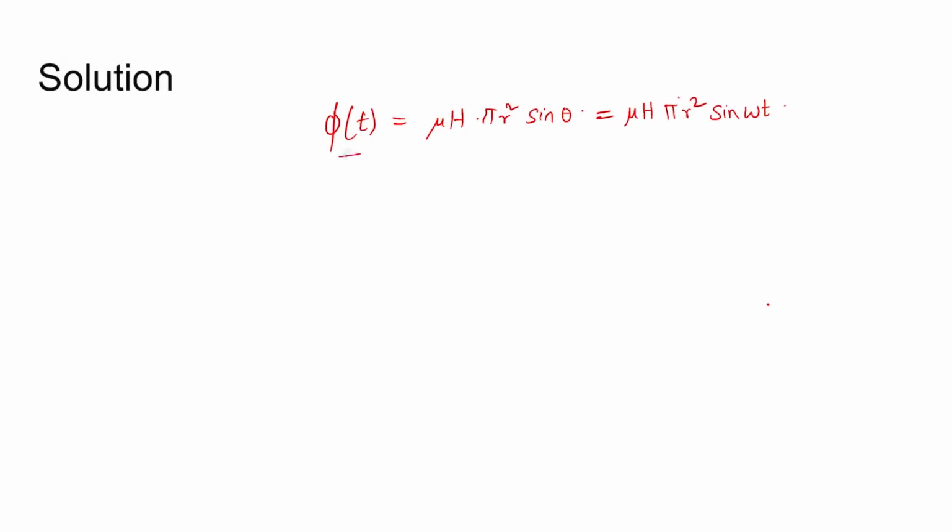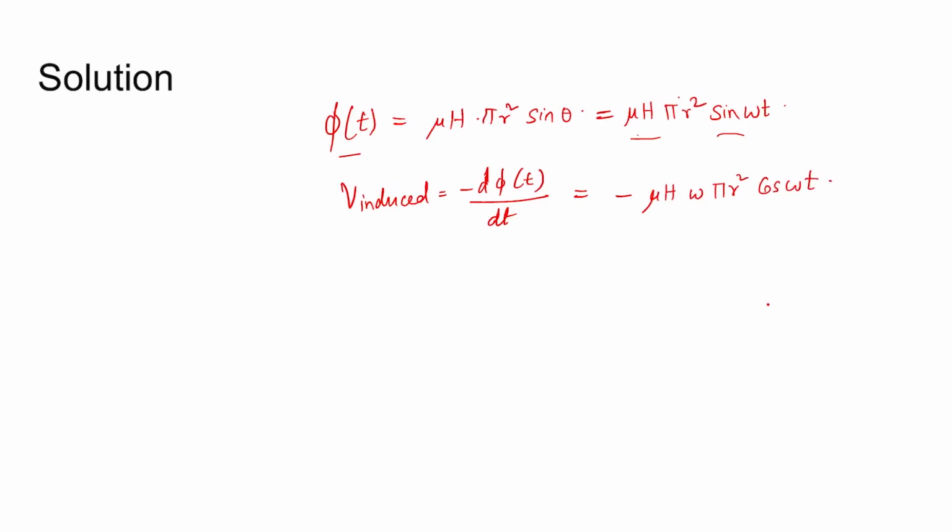So phi t as a function of time can be written as mu h pi r square sine omega t. So voltage induced can be written as minus d phi t dt as per Faraday's law. So this is equal to minus mu h omega pi r square cos of omega t.